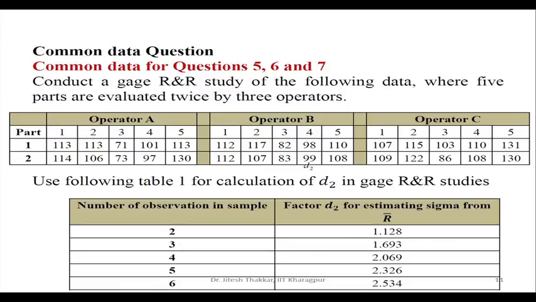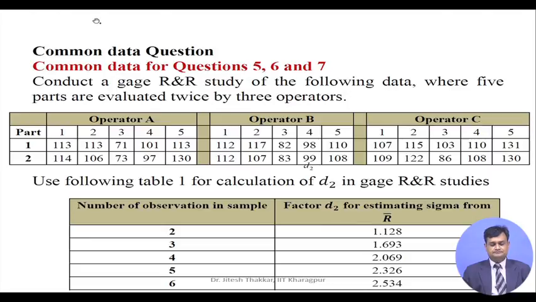You are also given the table for calculation of D2 in gauge R&R studies, and here you have the number of observations in sample and you need to find the factor D2 for estimating sigma from R bar. So, having gone through the lecture, you must have appreciated the concept of gauge R&R and how the computation is performed.